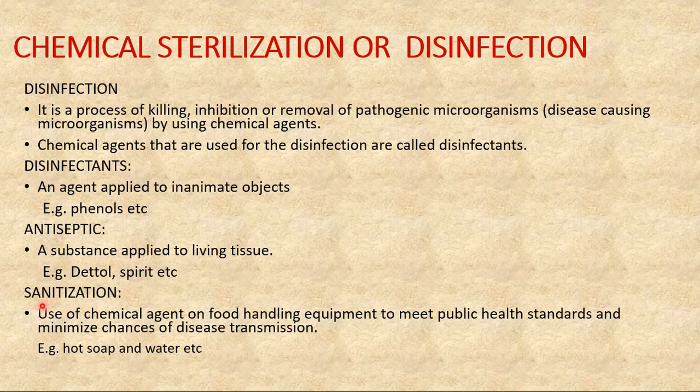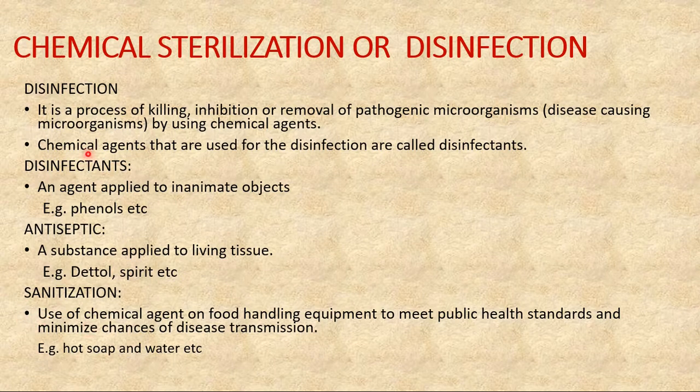Then sanitation: the use of chemical agents on food handling equipment to meet public health standards and minimize chances of disease transmission. These are called sanitizers, and the process is called sanitation. An example is hot soap and water. We also sanitize our hands with sanitizers, isn't it? That is called sanitization.